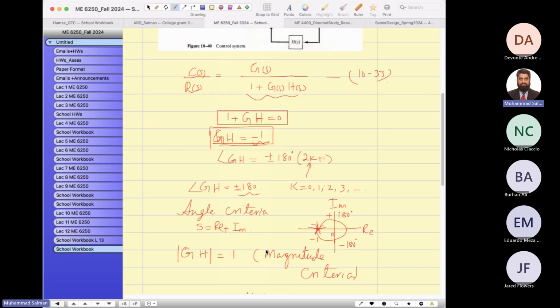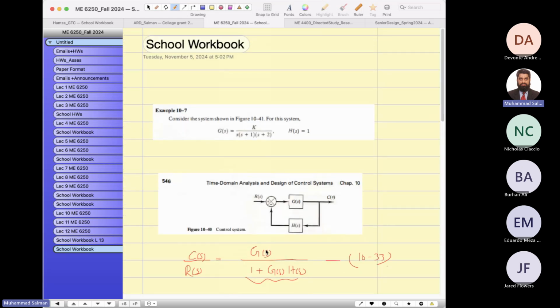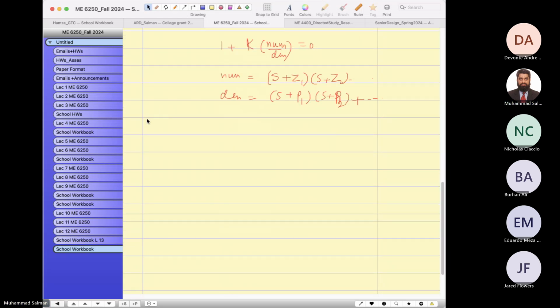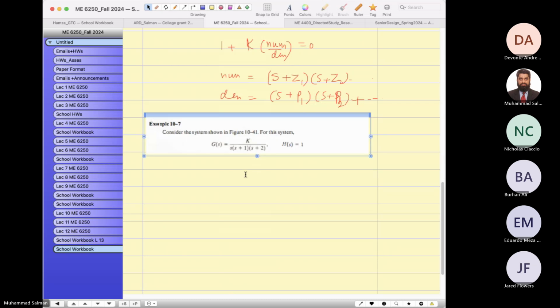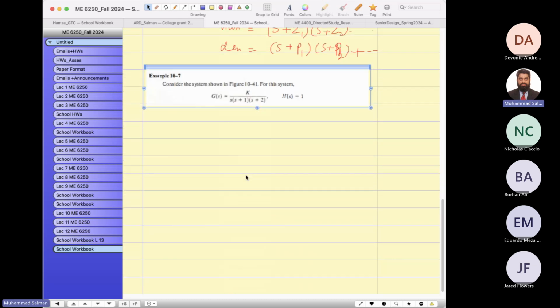So now we come back to this question. Let's solve this problem, and this will clarify most of the root locus problem. Now, if I were you, I would start by drawing a straight line here.